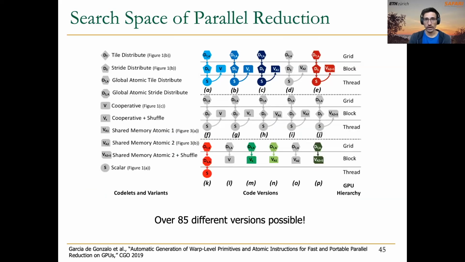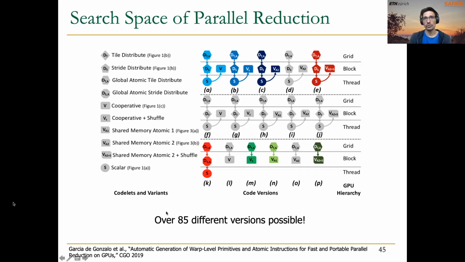So we have explored even more the search space of parallel reduction, trying many different combinations of atomic operations to shared memory, atomic operations to global memory, the shuffle instructions to exchange data across the threads belonging to the same warp, and different combinations of all of them.